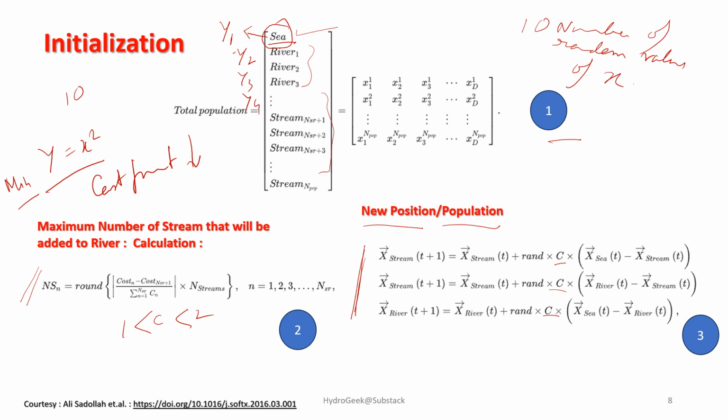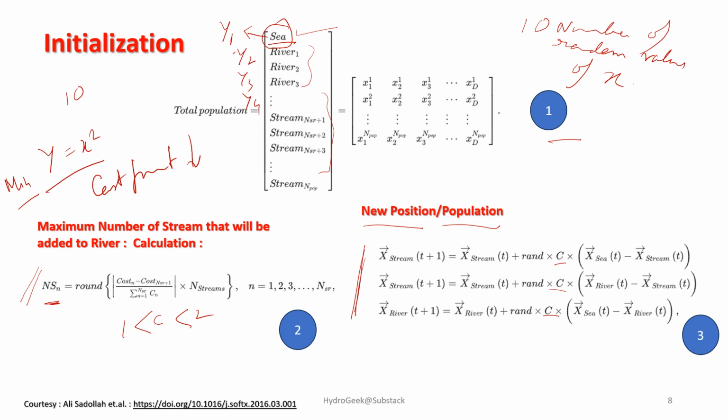And I am assuming there are 3 rivers. The number of rivers will be assumed by the user. But the total number of streams that can be feasible or valid, which can be added to form rivers, has to be determined by this equation: round off the value of the cost function at iteration n minus the optimal cost function, divided by the total value of C into n stream.